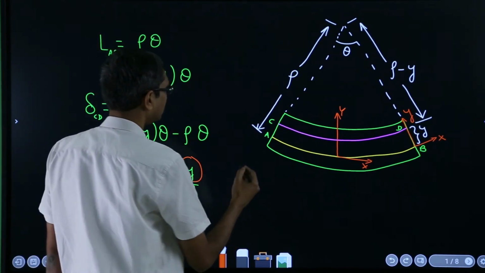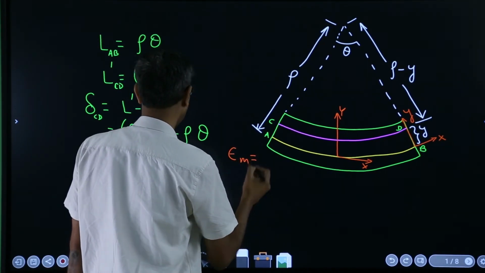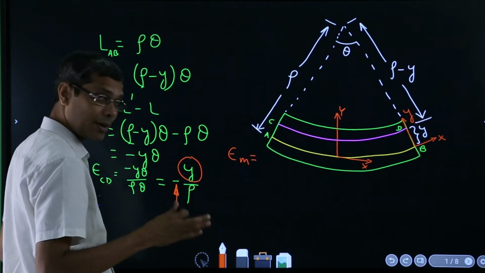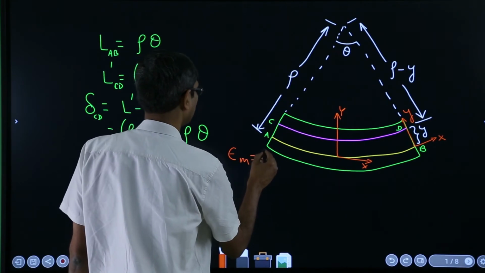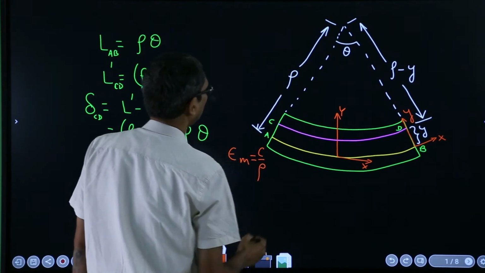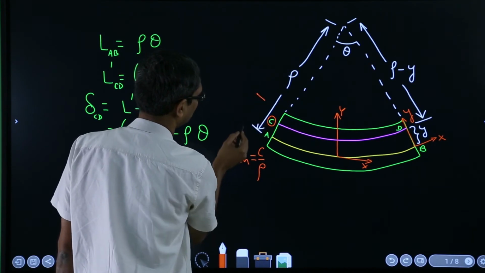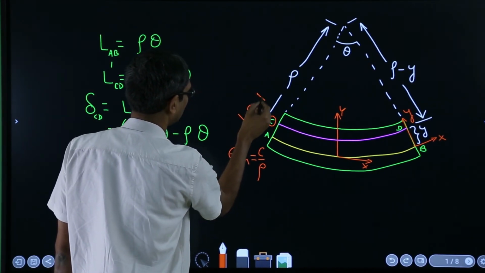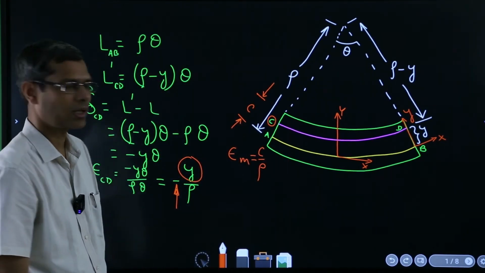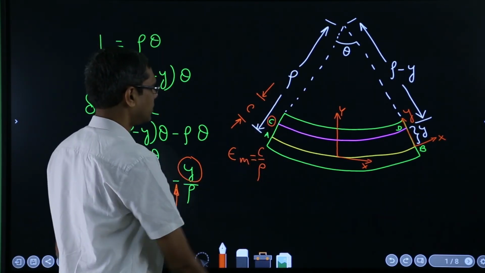Let us call that strain epsilon m, which is the absolute maximum value, C over rho. Okay. So this C is just a name, the maximum distance of any fiber from the neutral axis. In some cases it could be on the other side; in this particular case, the way I have drawn, it is on this side.